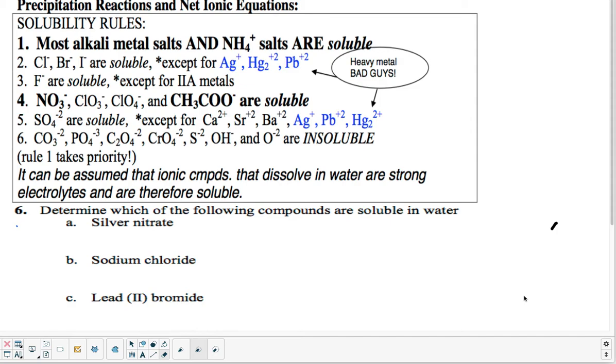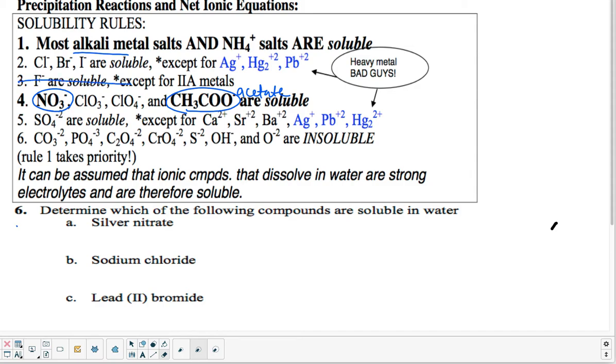And the Big Daddy rule basically says that alkali metal salts, meaning group 1 metal salts, and ammonium-containing salts, as well as nitrates and acetates, when these are in salts, not in acids or bases, are all going to be soluble all the time. All right? And that is the Big Daddy rule.